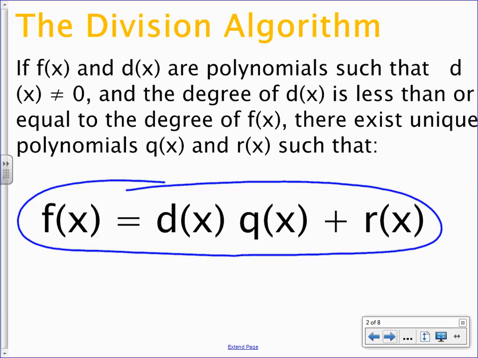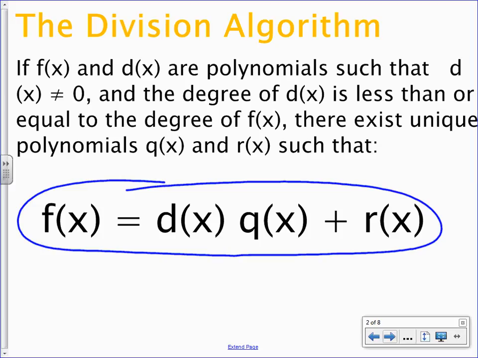You don't need to write all of this down. This is what's important. This is the division algorithm. Basically, we are taking a polynomial and dividing it by a polynomial of lesser degree, and I'm going to get a unique solution.